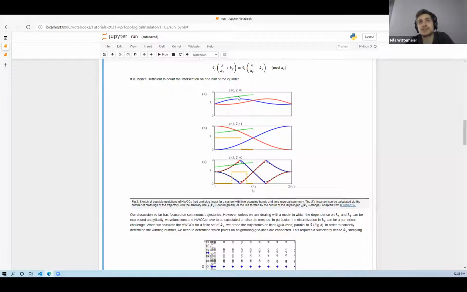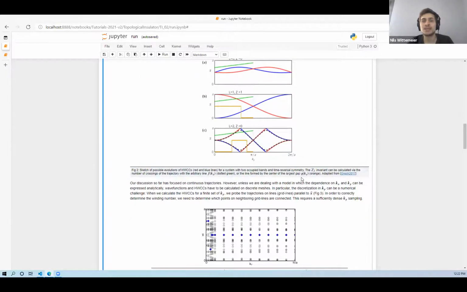That is realizing we can take any line in this first half and just count how many times the Wannier charge centers cross this line. There's no reason that this boundary where we say that we basically go around once has to be at any specific line. We can choose any one. And here are some examples given. You can see that it doesn't matter if you take this green line or this orange line, or if you use the top boundary here, the number of intersections is always the same.